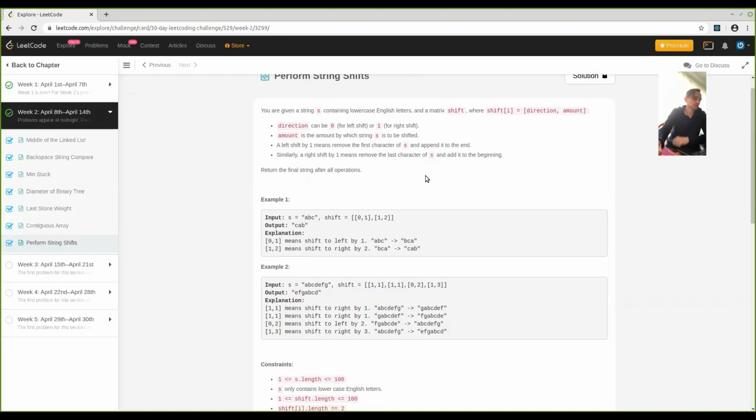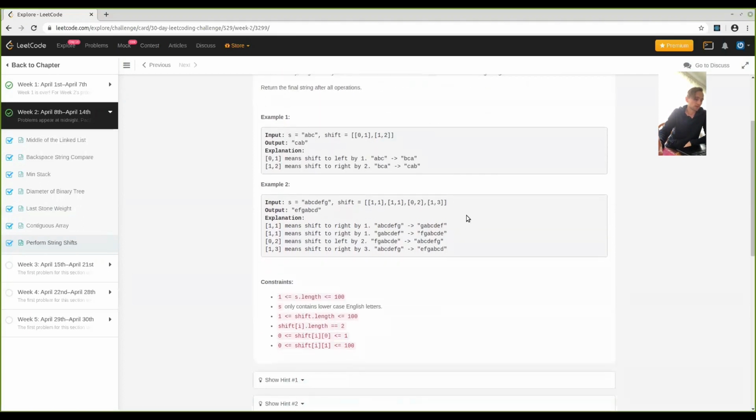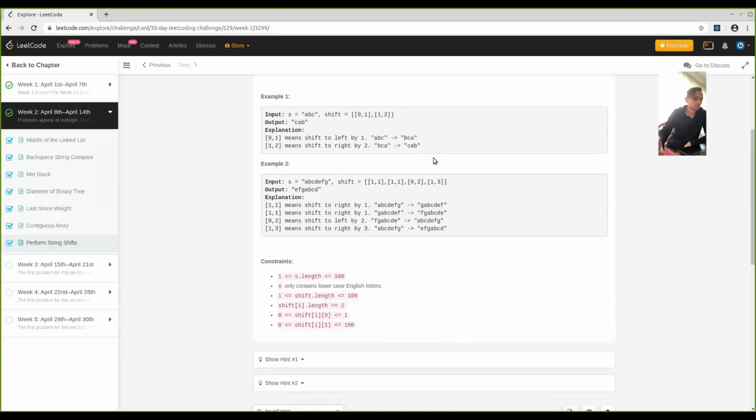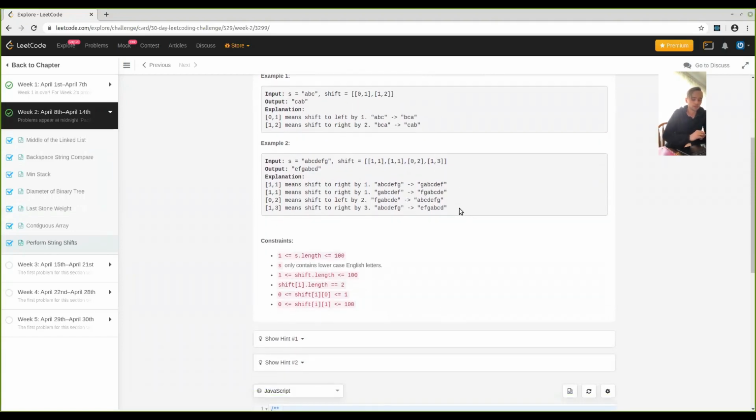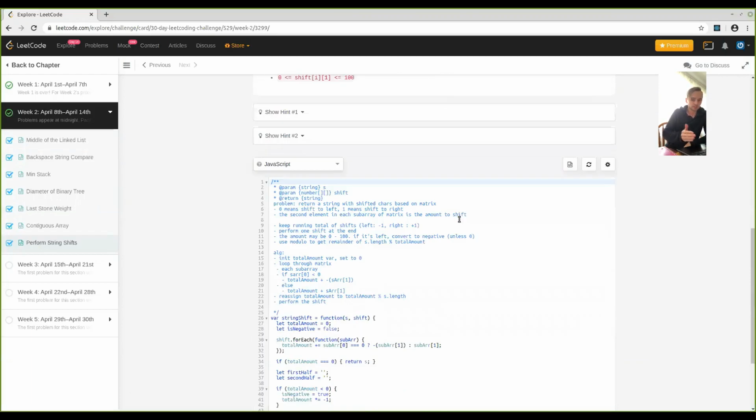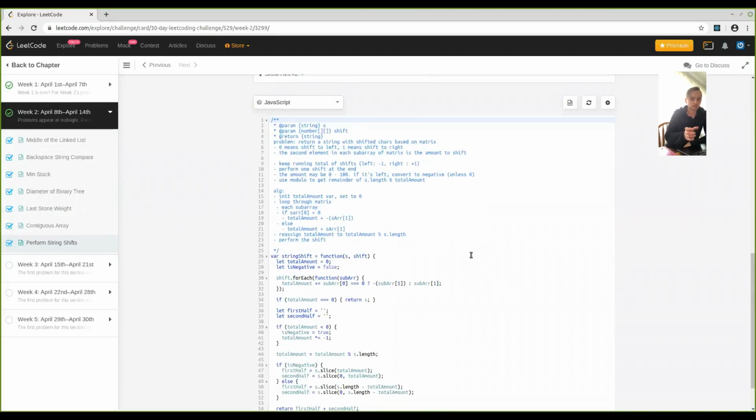The first part I'll highlight is what I got right. Here is where I'm going through every subarray in the shift matrix and incrementing the total amount to shift by. This part was correct right off the bat, because I boiled it down to: if we have a left and a right shift possible, the two can cancel each other out.